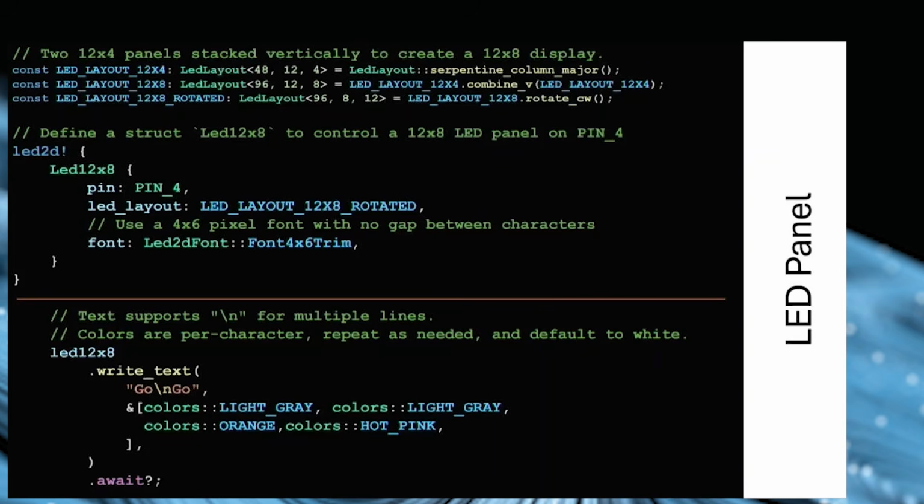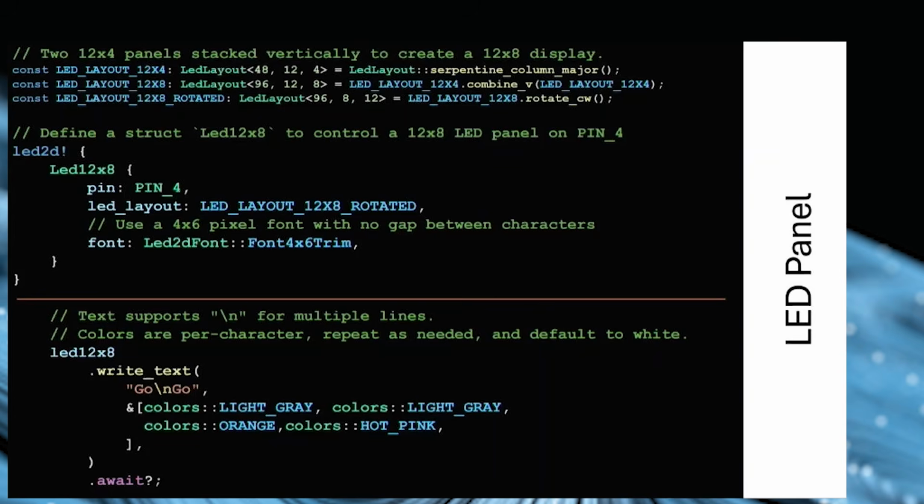And that is sufficient to give us a constant that describes this. But what I actually displayed was 2 of these connected together, so we can use a combined vertical and combine 2 of those layouts together, and we get a new layout that's 12 by 8. That's nice, except we wanted to display things sideways, so we just tell it to rotate counterclockwise.